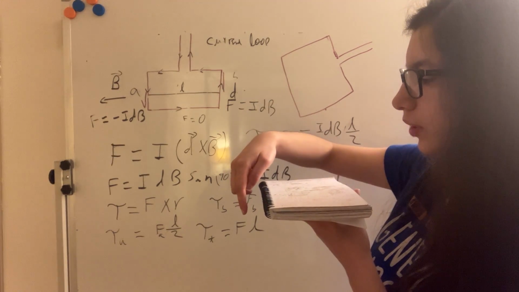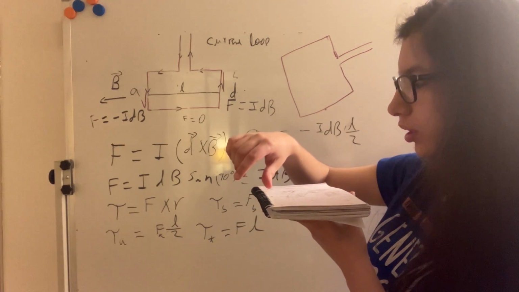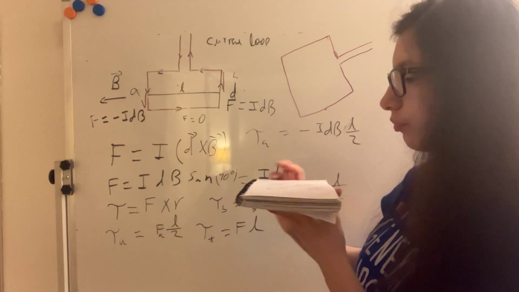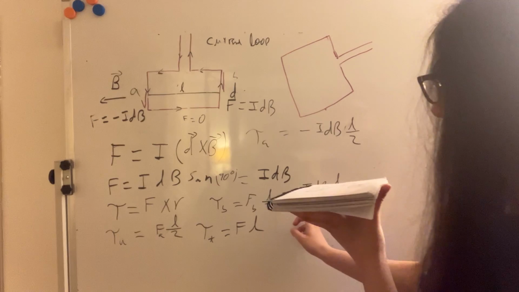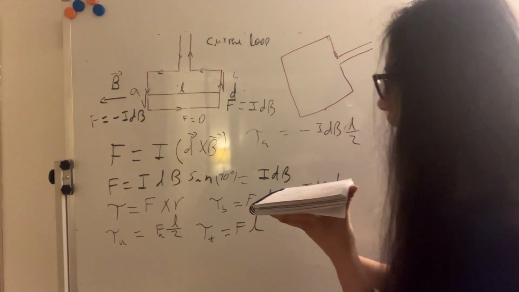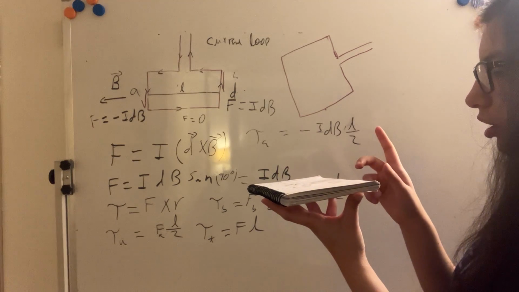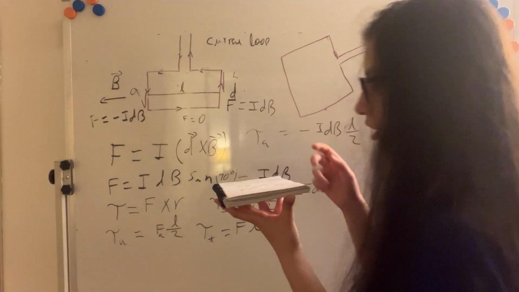Here, the distance is the other way, there, and so the torque is in this direction. For this torque, the force is upward, and the distance for this length is in this direction.